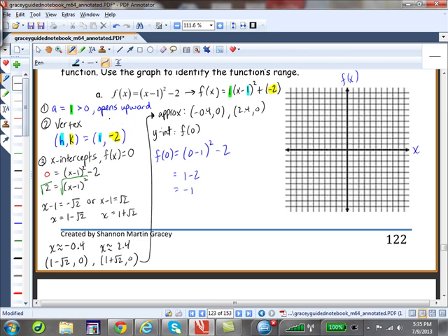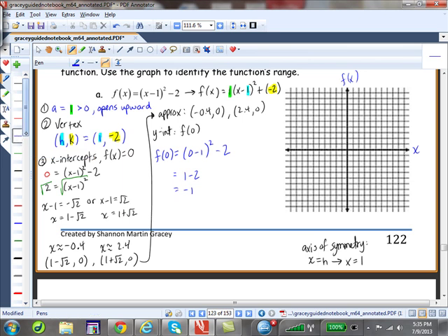Sorry, it's crowded. You might want to use another piece of paper. The axis of symmetry is x equals h, and what we got for h was 1. So x is equal to 1.